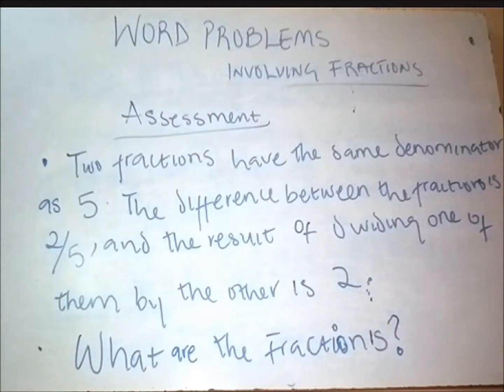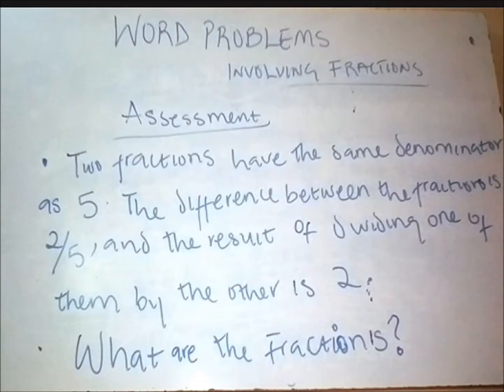So the first thing you need to look at in this question is to understand that first of all you're looking for two fractions, and the two fractions actually have the same denominator as 5. So if we say the first fraction is having a numerator as x, that means its denominator will be 5, so x over 5.